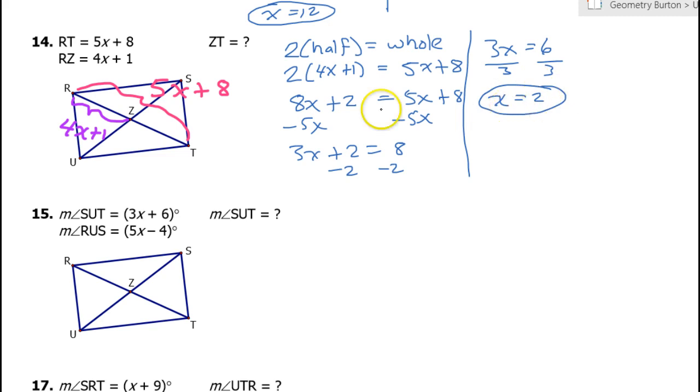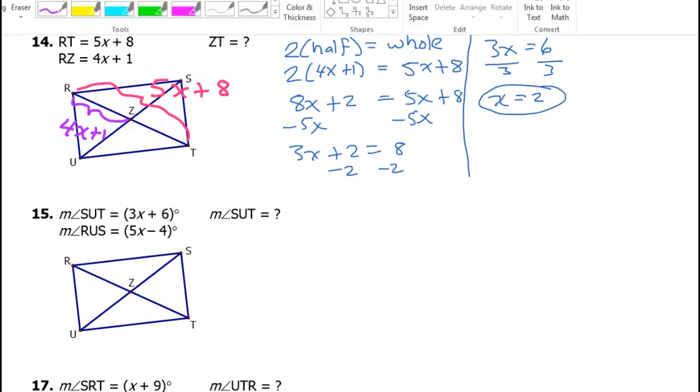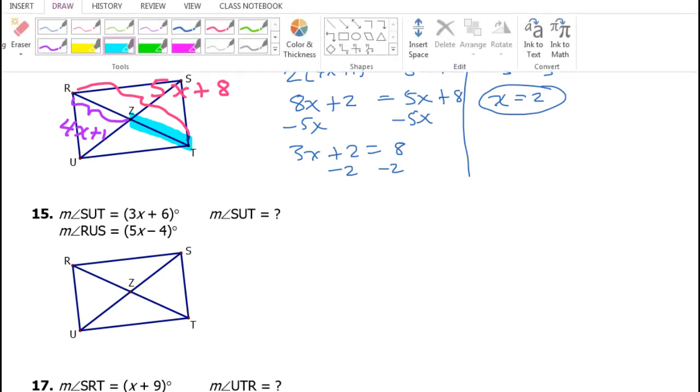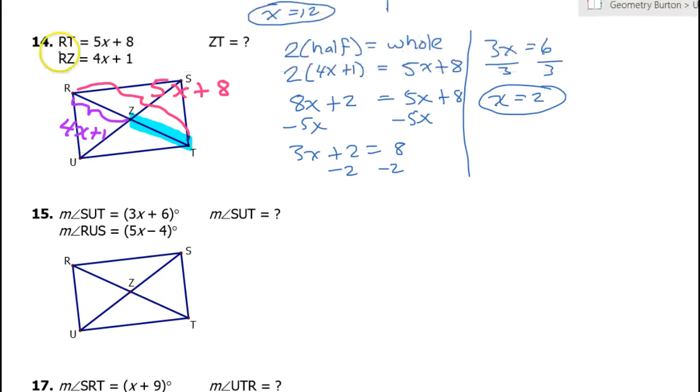So now I have x. Now I'm supposed to find ZT. ZT is this piece right here. That's my target. I'm hoping you can see that ZT and RZ, these two halves, are the same. So my strategy will be, first I'm going to find RZ, and then whatever that is, that's going to be the answer for ZT as well. RZ is 4x plus 1.